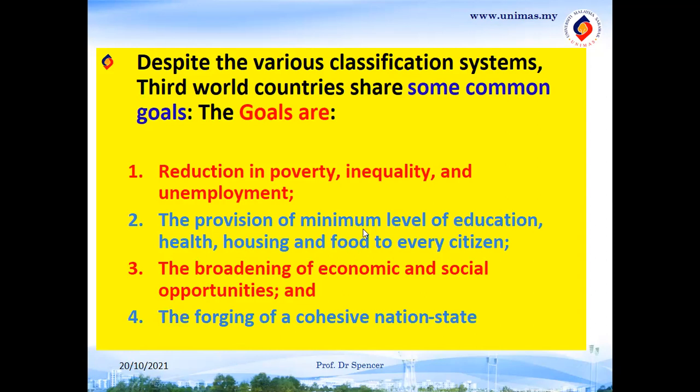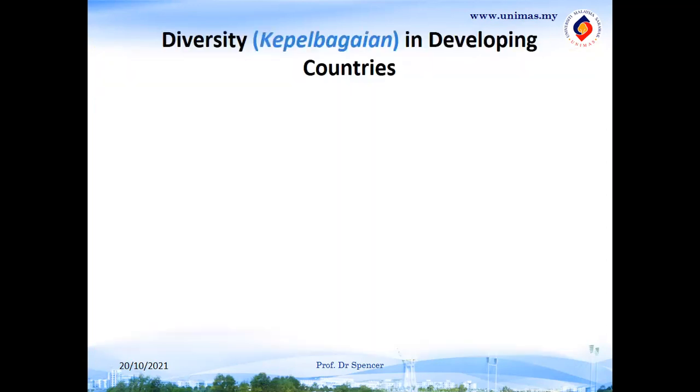Okay, so these are the four common goals of developing or third world countries. And then next, we go into the diversity among the developing countries, ataupun kepelbagaian, or if you will, differences, and diversities in the developing countries.